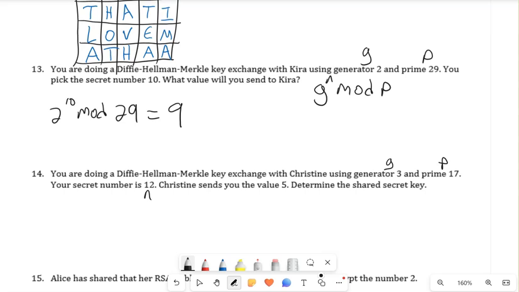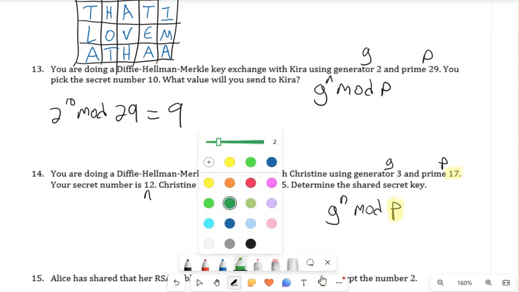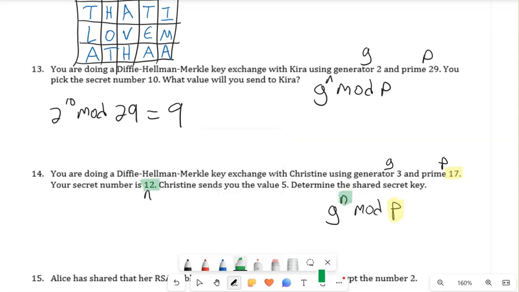Christine sends you the value 5. Now in the G to the N mod P, we have the prime number. We have our secret number. But if we use G as 3, we will get the exchange value to send to Christine. But if she's sending us the exchange value already, then we've already done the first half.